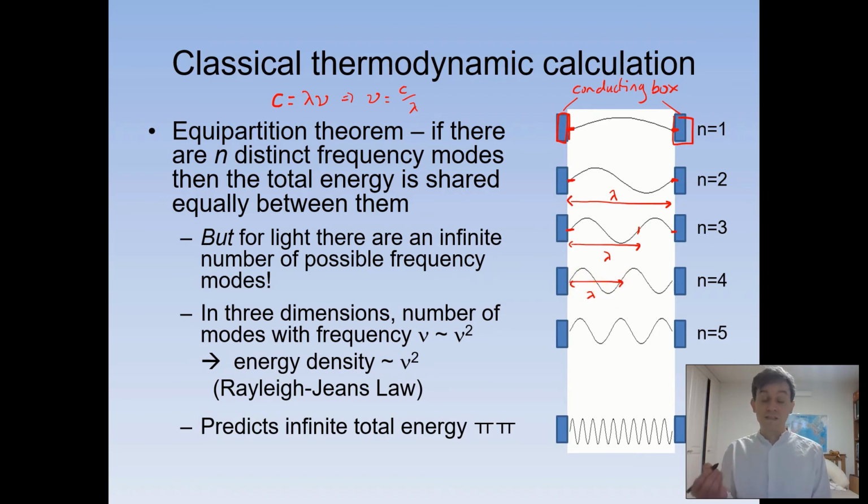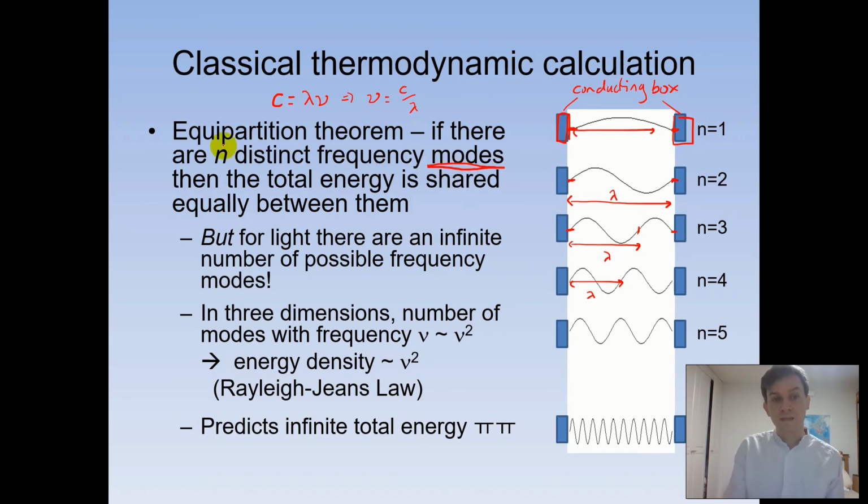So this is actually an example of quantization. You could say here that the wavelength is quantized because lambda can only take a certain set of values. Because the wavelength is quantized, by this formula the frequency is also quantized, and each possible value of the frequency is known as a mode of the system.